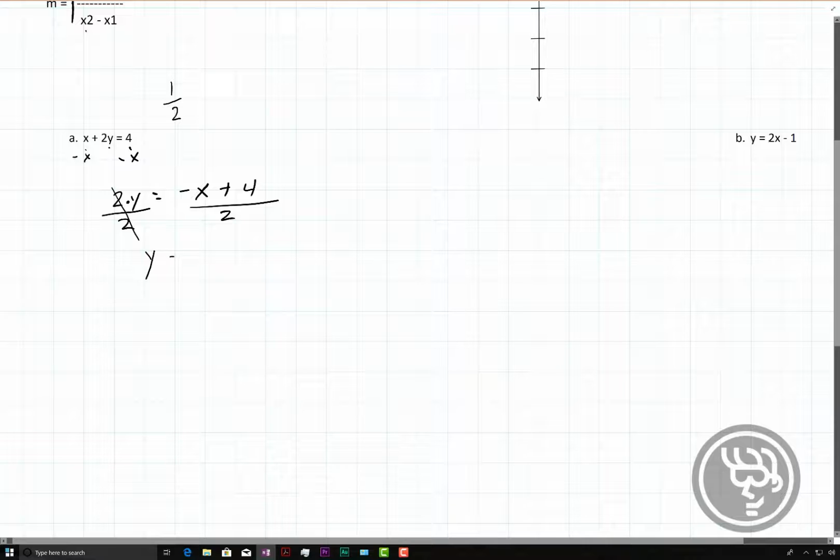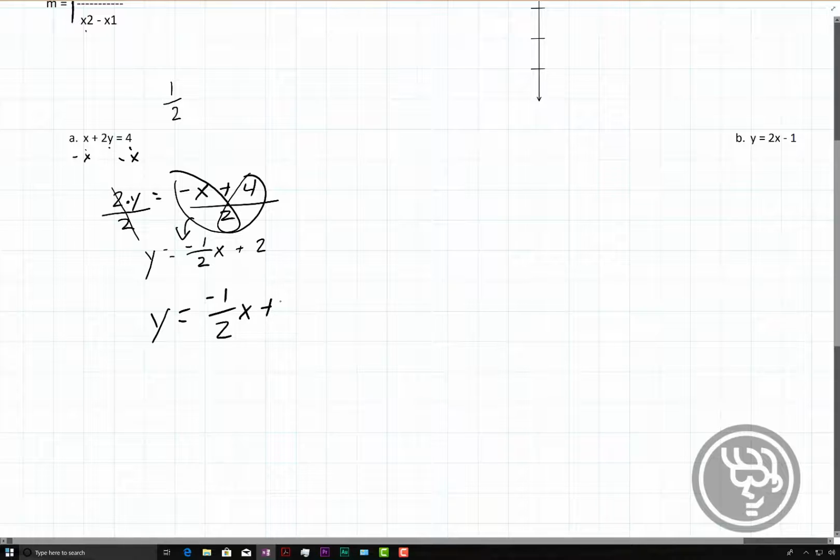You'll have a y, and you're going to be equal to minus 1 over 2 x. Then you take the 4 and divide it by 2, which is 2. So let's write it a little plainer: y is equal to minus 1/2 x plus 2. So that's basically where we are with this equation.